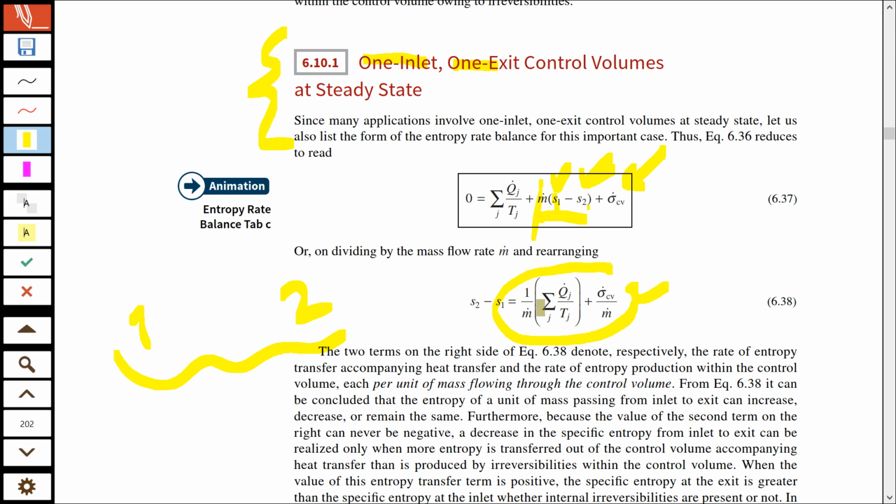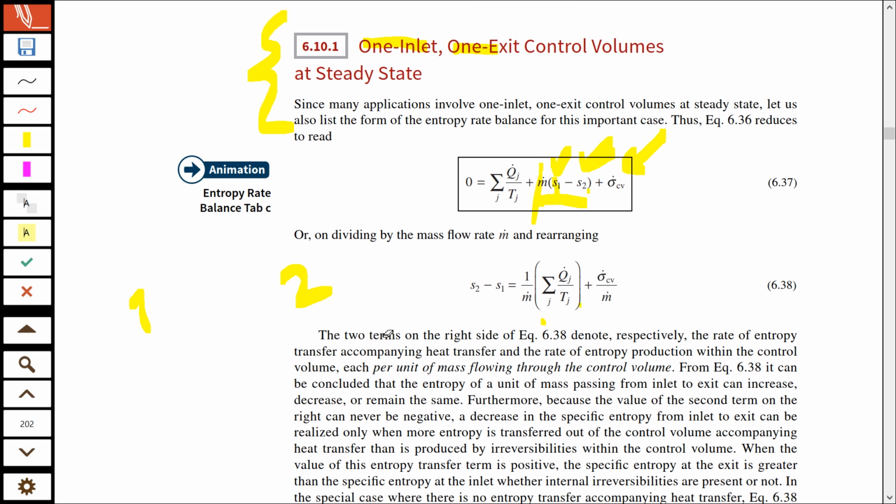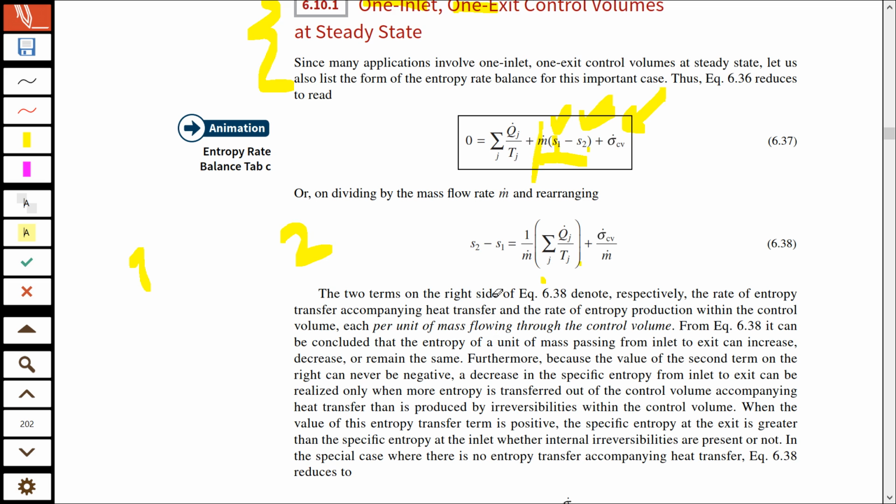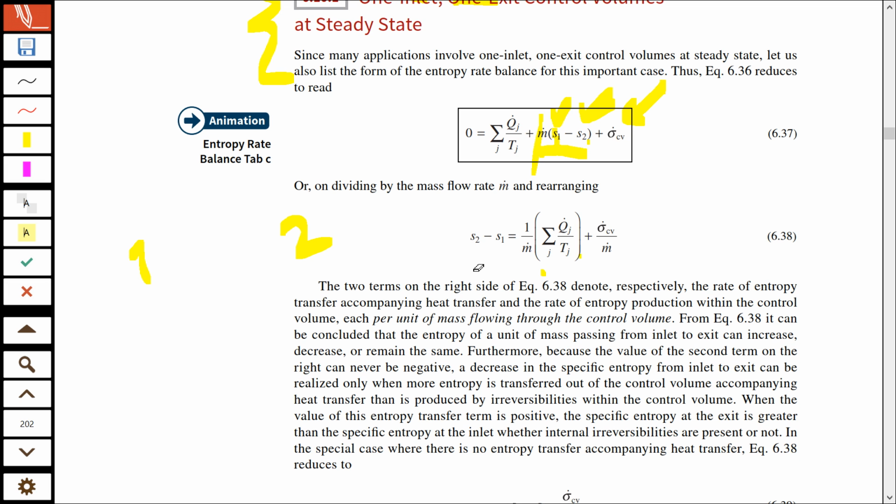The entropy change has a contribution from all the heat transfers and the irreversibilities. And because it's small, it's per unit mass. That's not a big deal.